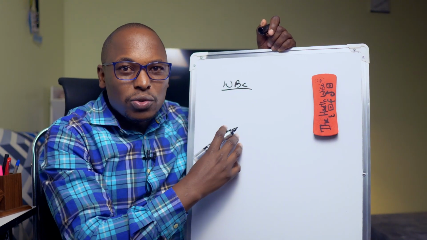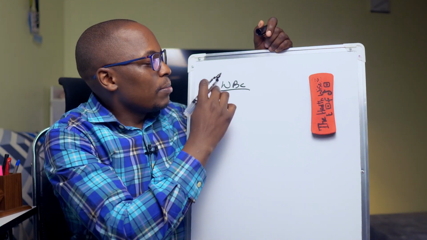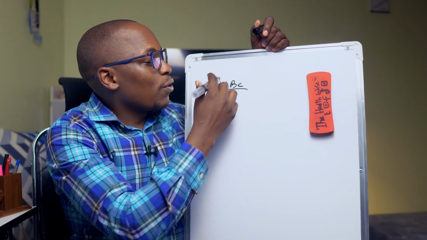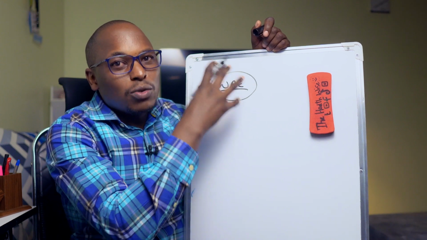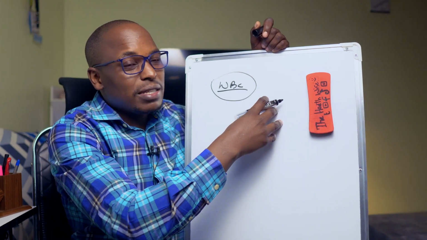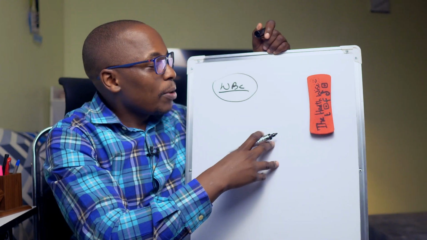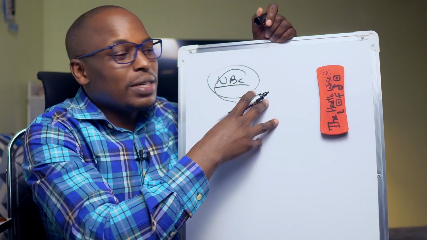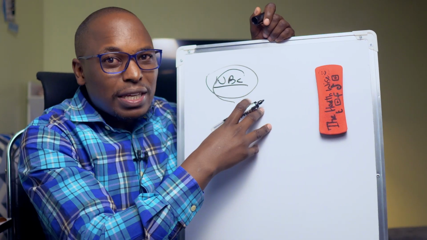Now, as you know, they are the soldiers of the body, meaning any foreign object will first of all meet these cells. It's a good population. It's made up of several types of cells, and they are all over your body. So they fight any foreign object in your body to make sure that you don't get an infection.